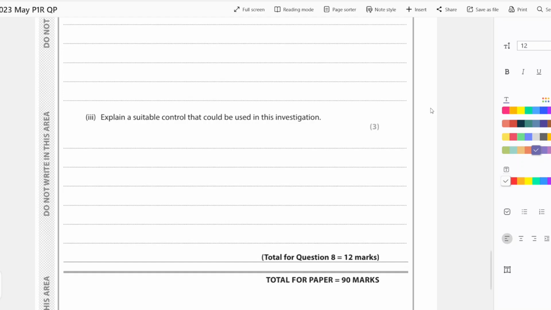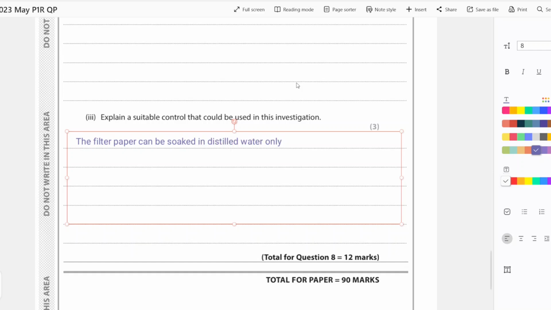And this is a great way to see that if there is any clear zone, it's because of the antibiotic and not because of the filter paper, for example. The filter paper can be soaked in distilled water only without antibiotics, as it does not produce a clear zone.